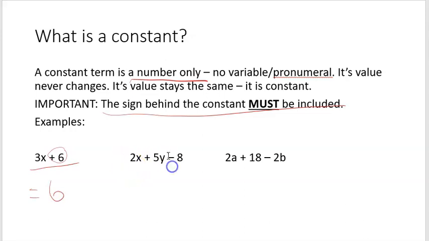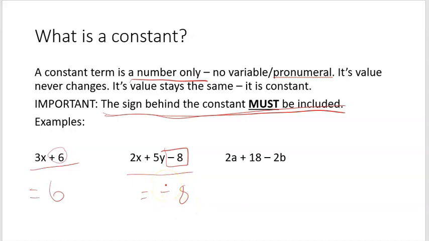In this next example, 2x add 5y subtract 8. 8 is the number on its own, but the sign behind the constant must be included, which is the subtraction sign. So the constant of 2x add 5y subtract 8 is -8.